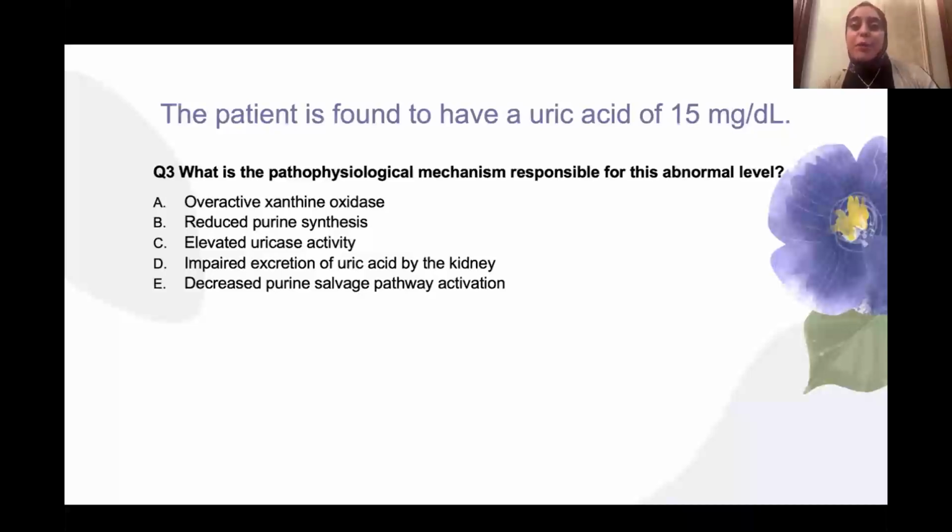We have a patient with Burkitt lymphoma, a picture of tumor lysis syndrome after chemotherapy, and the correct answer will be impaired excretion of uric acid by the kidney, as there is a rapid release of intracellular components with a progression into tumor lysis syndrome, and this will overwhelm the excretory capacity of the kidney, leading to hyperuricemia.